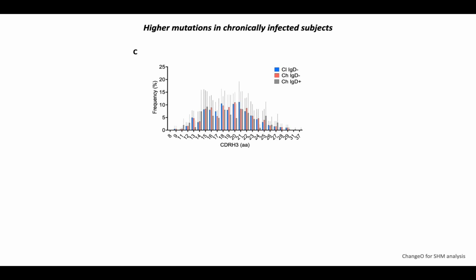So we plotted that, and we observed a relatively higher CDR3 length in both clears and chronics. If it goes beyond 20 or 22, this is very unique to hepatitis C. Usually we do not see this long tail of CDR3 20, 25, 26, 27, which was pretty strange.